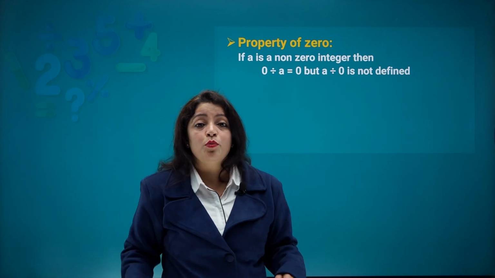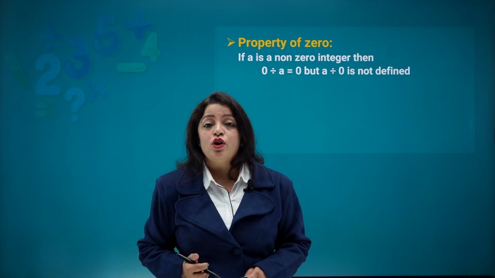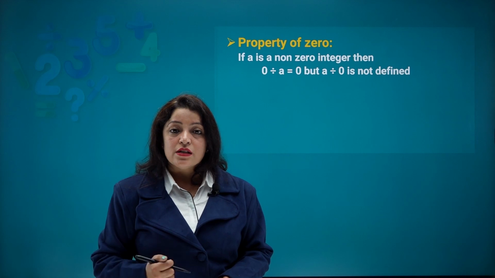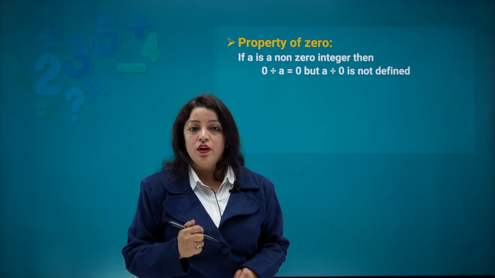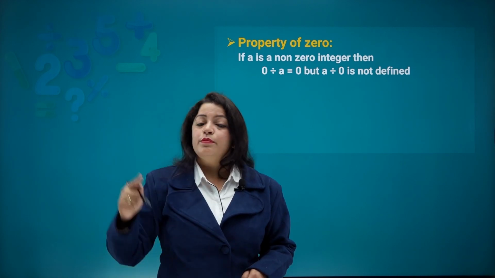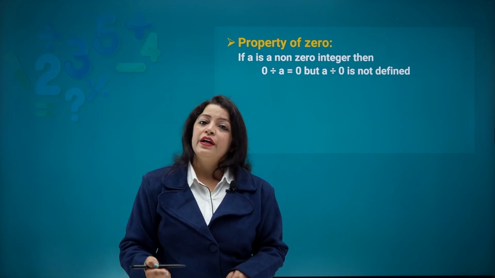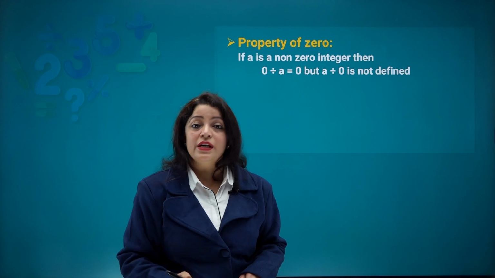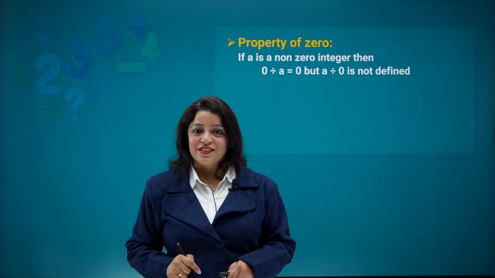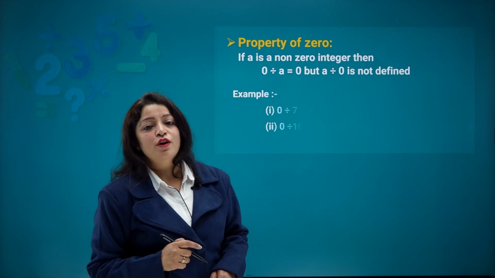No, because there is nobody to whom I have to share the chocolates. That means this is not possible at all. So a divided by 0 is not possible or not defined, but 0 divided by a is possible, and the result will be 0 in this case. So here this is the property of 0.